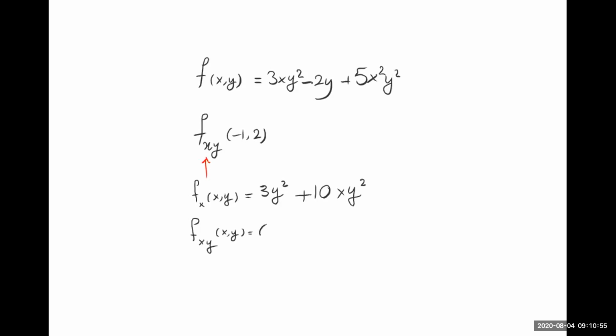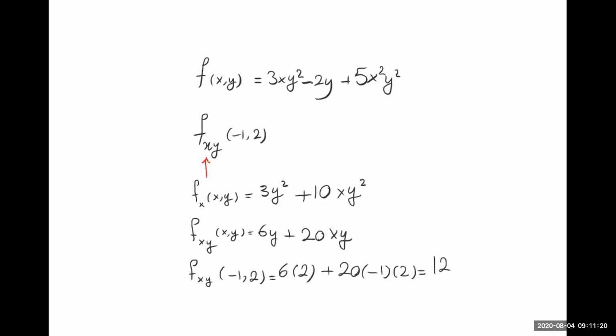It's going to be 6y plus 20 xy. Now the value of the derivative at the point minus 1 and 2 is going to be 6 times 2 plus 20 times minus 1 times 2. It's going to be 12 minus 40, which is negative 28.